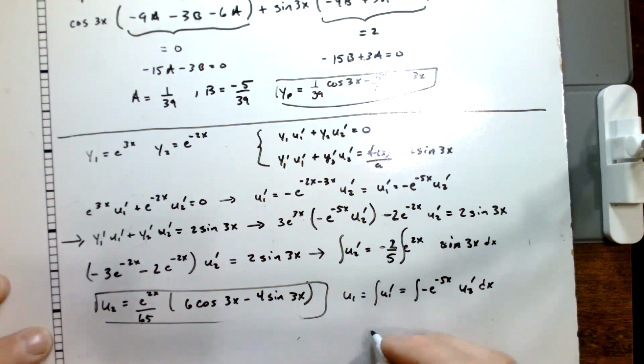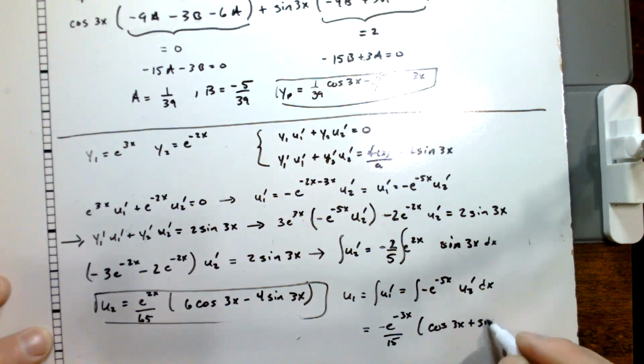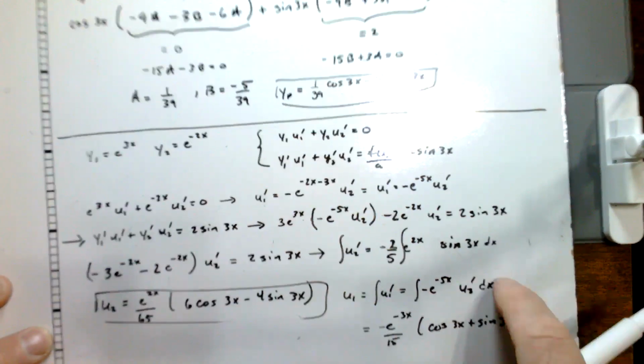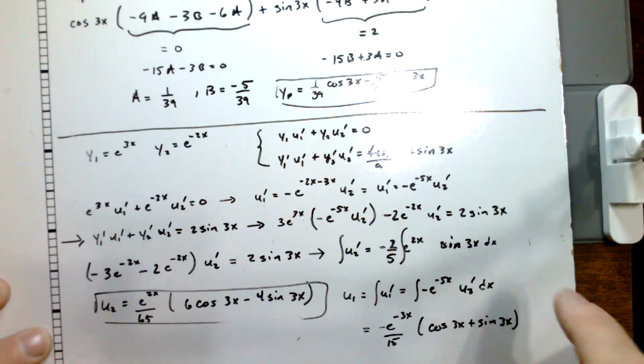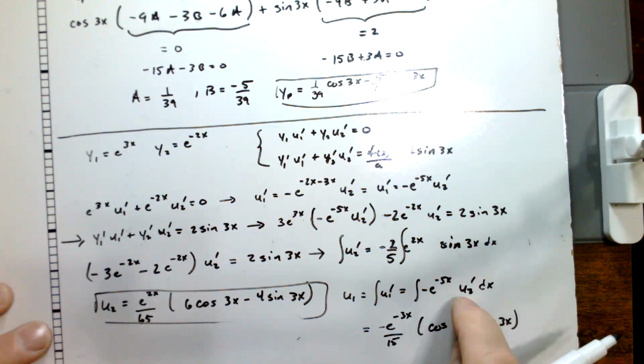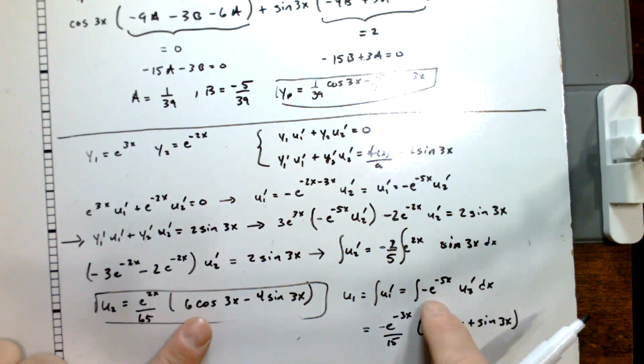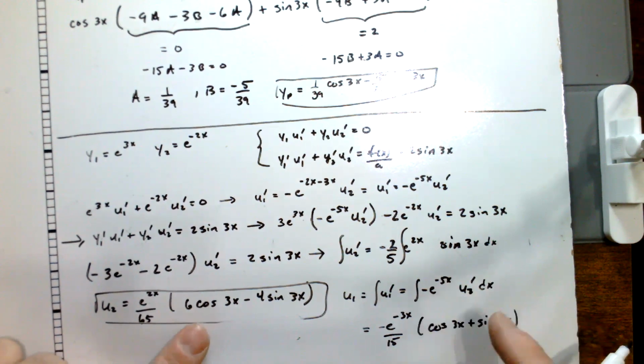The result of which gives me u1, which I found to be negative e to the negative 3x over 15 times cosine 3x plus sine 3x. So the arithmetic, the integration part of it, is a little bit long, because you have the product of two transcendental functions, because you're also taking a derivative using the product rule, and then multiplying that by another product, and then integrating that by parts.